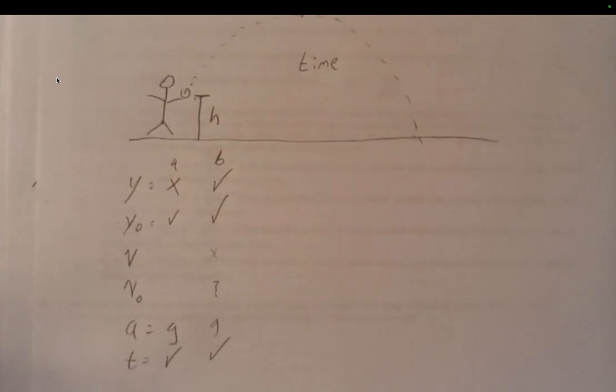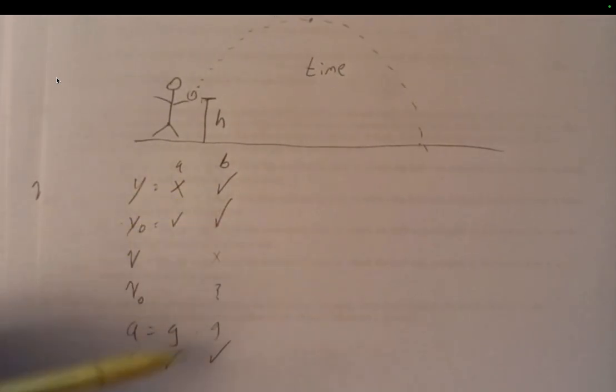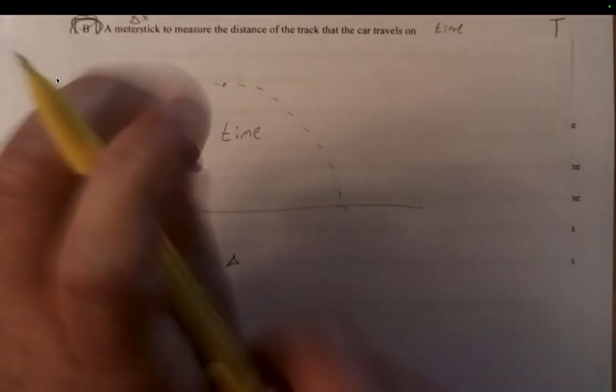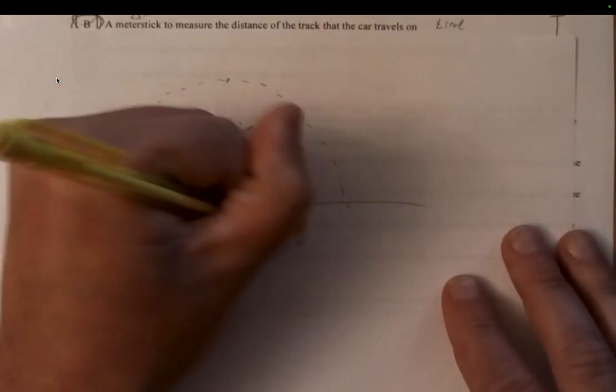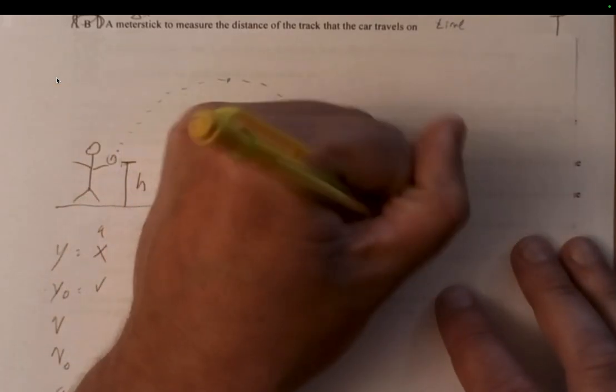So from all this, if we know this initial stuff, then we could use that equation of y equals 1/2 a t squared plus v naught t plus y naught.